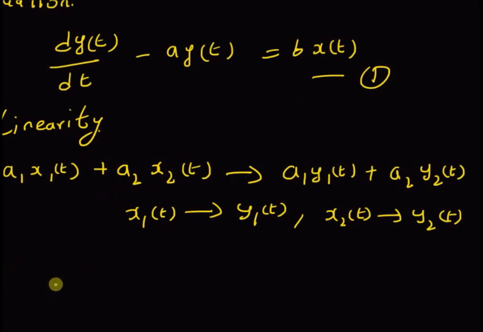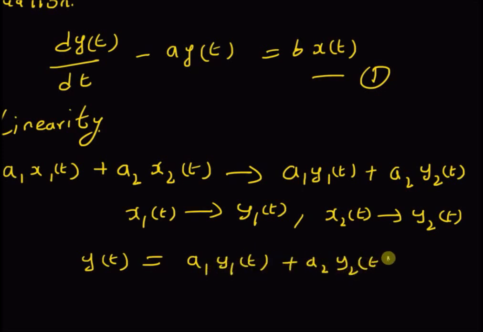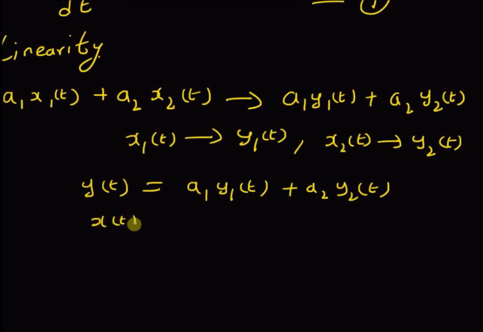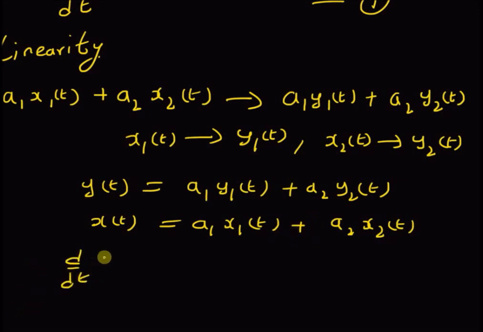So we insert y of t equal to a1 times y1 of t plus a2 times y2 of t, and x of t equal to a1 times x1 of t plus a2 times x2 of t, using these two definitions in equation 1.